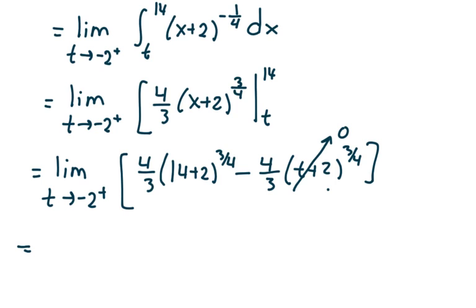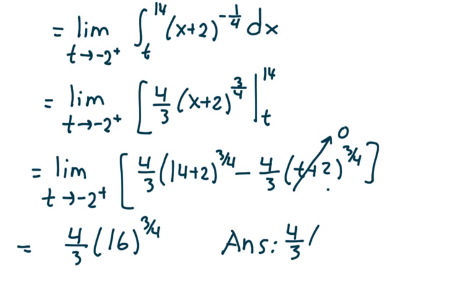And over here, let's just write this down first. So this is 4/3 times 16 to the 3/4. But I would think about it this way. So you're going to get 4/3 times the 4th root of 16 to the 3rd. The 4th root of 16 is 2. 2 to the 3rd is 8. 8 times 4 is 32. So we get 32/3.